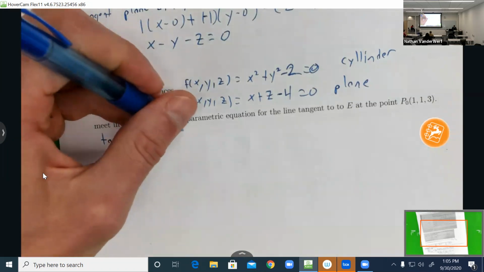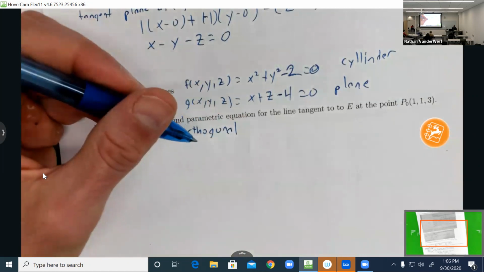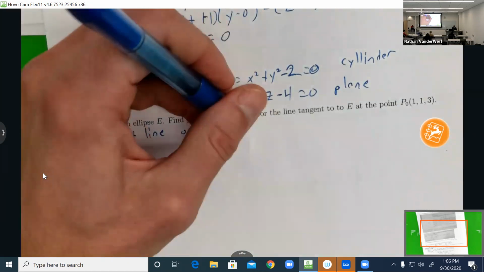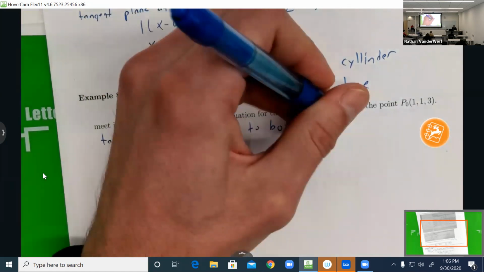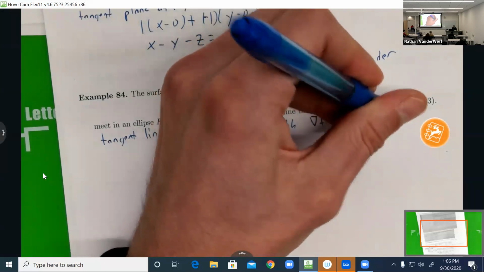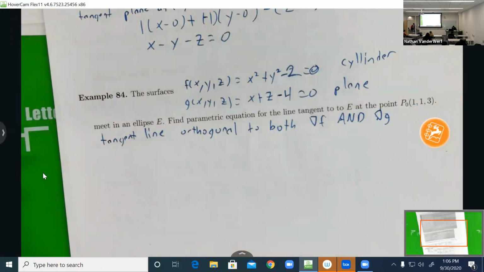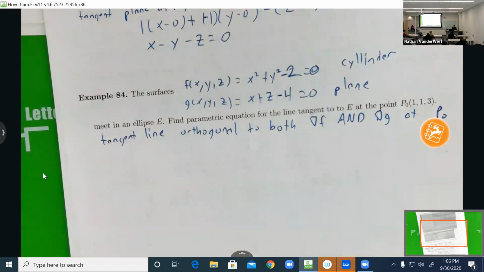So we know that the tangent line is orthogonal, and if we look at the intersection of these, it's orthogonal to both delta f and delta g at P0 here, right?